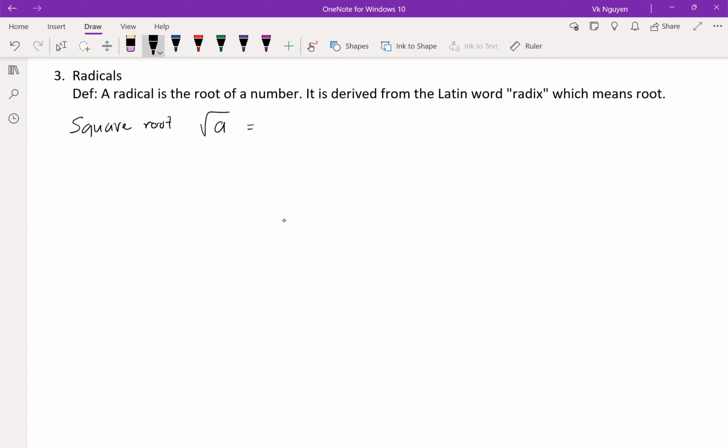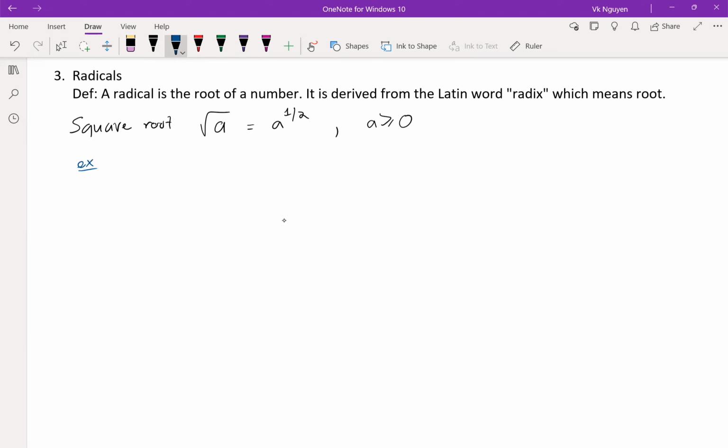It can be expressed in exponent form as a to the power 1 over 2. The requirement is that a has to be non-negative.